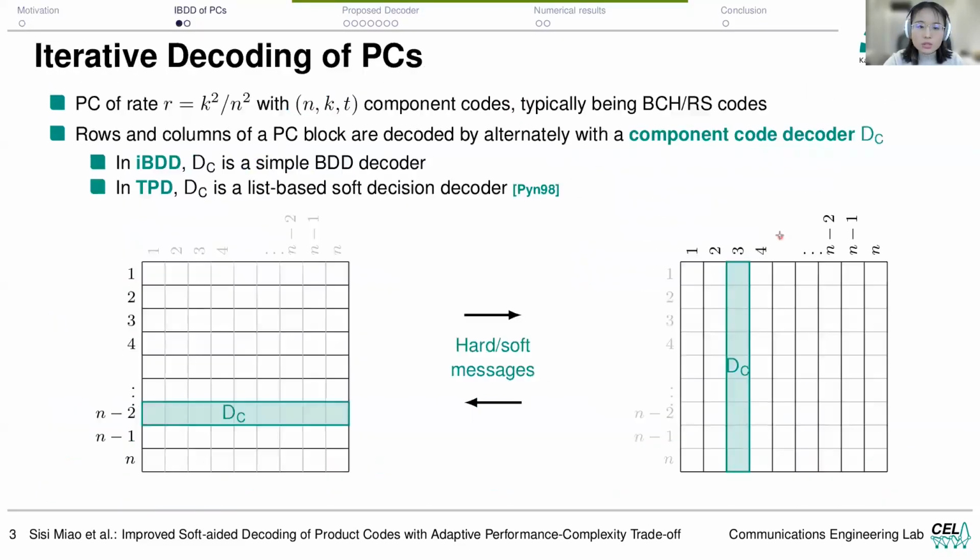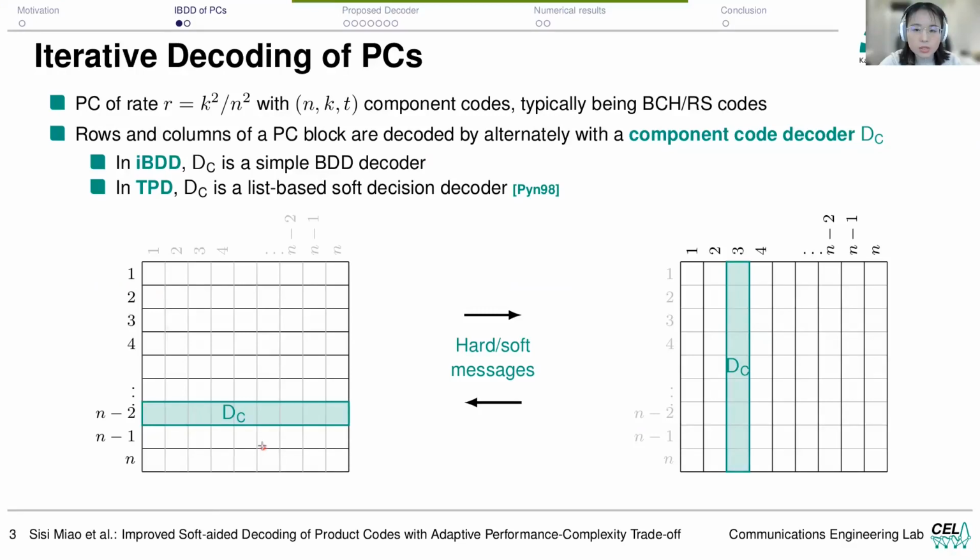So to do this, we first need some preliminaries on the iterative decoding of product codes. Let's focus on the left-hand side. This is a block of product code words, and every row and column is protected by a component code.